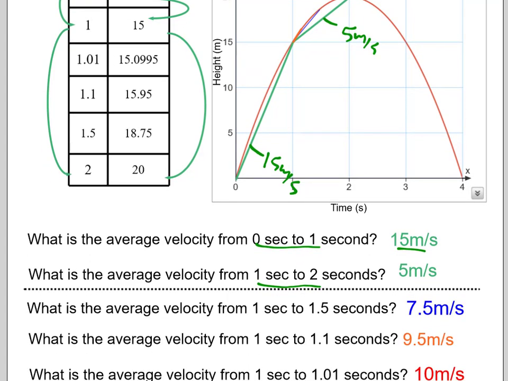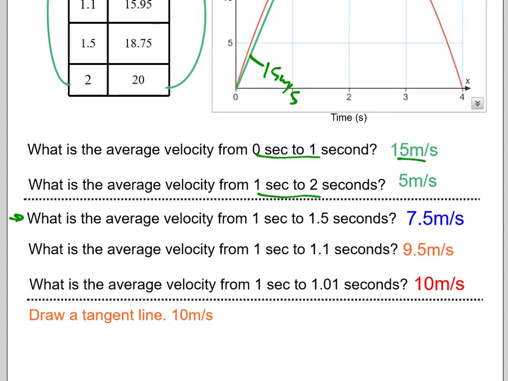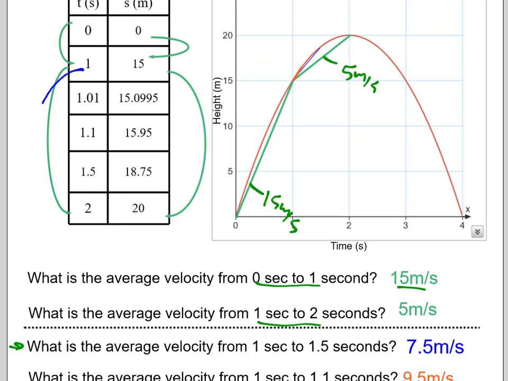Now, this is where it gets really interesting. What is the average velocity from 1 second to 1.5 seconds? So that is looking from here to here. I'm not going to do all the calculations just for the interest of speed, but you can see there's a blue line right in there.